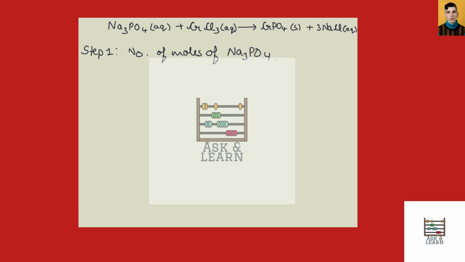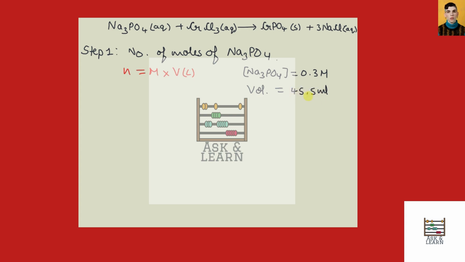Na3PO4. So here we'll be using this formula where the number of moles, denoted by n, is equal to the molarity times the volume in liters. So here we have been given the concentration of the Na3PO4, which is equal to 0.3 molar, and the volume of Na3PO4 is given as 45.5 ml.